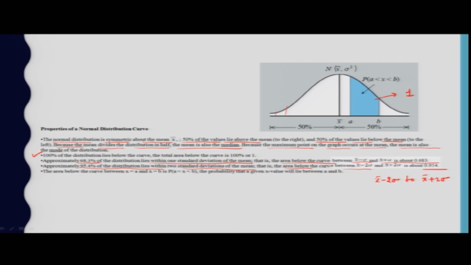If you take any area of the curve which lies between point A and point B, that gives the probability that a given x value will lie between A and B. So this p is the probability. This is all a rough idea of the normal distribution curve, and these things will become clearer when we solve numericals.